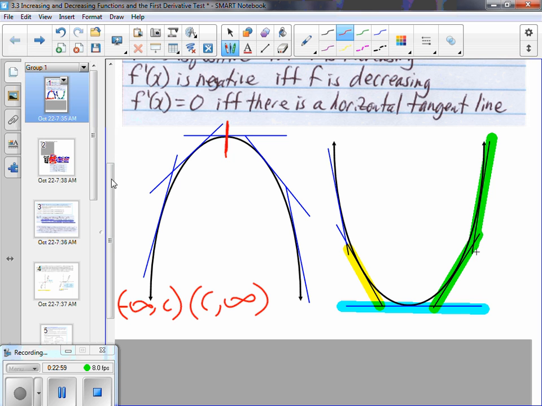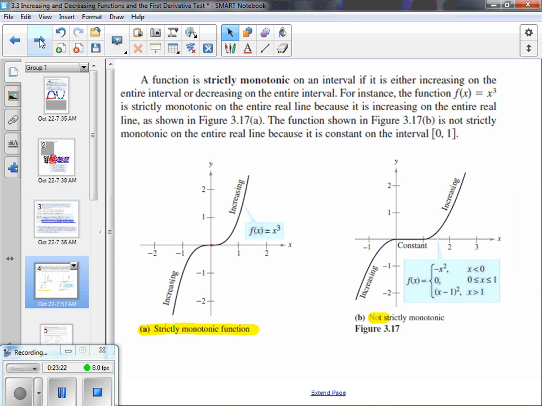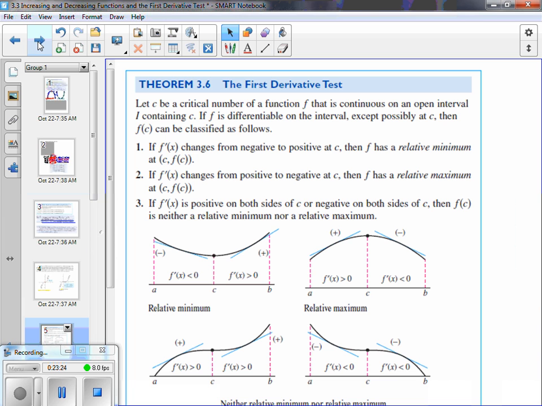And how do we divide our functions up into intervals? By finding the critical numbers. Because aren't the critical numbers the only places where the derivative changes sign? Yes. Yep. Y'all follow me on this? You want to see where I'm going with it, don't you? Well, I do too.